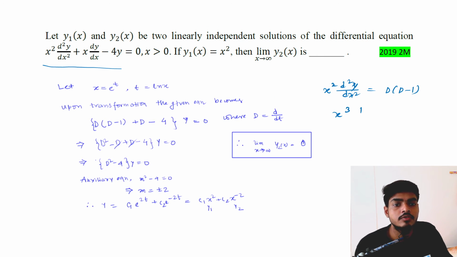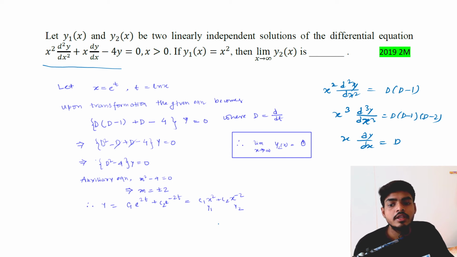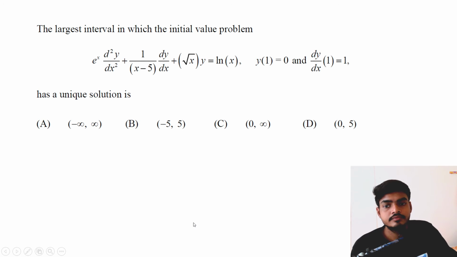If it is x cube into d³y/dx³, then that is D into (D minus 1) into (D minus 2), like that. And if it is x into dy/dx, that is simply D. Okay, like that you need to solve.